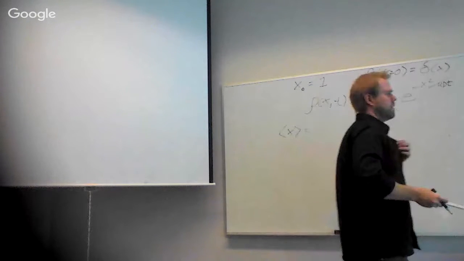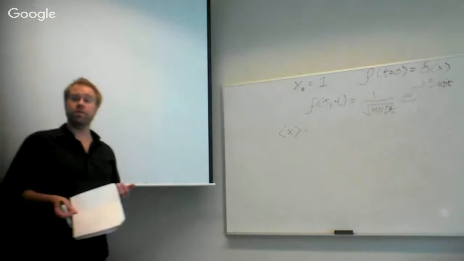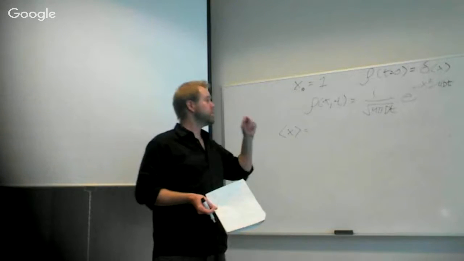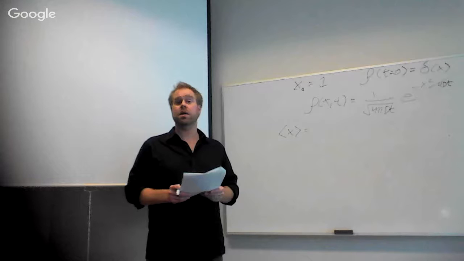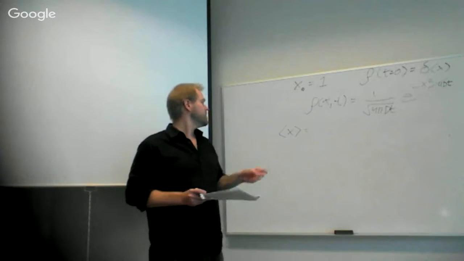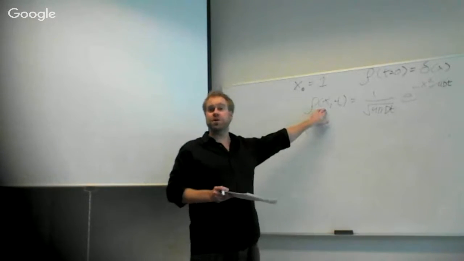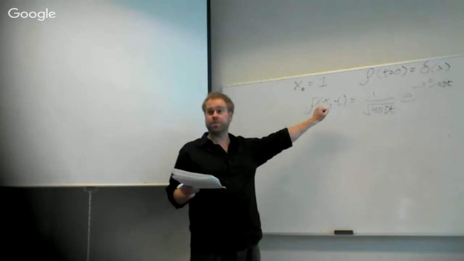Let's take this to be the solution. If I want to calculate the mean value of x, and I have the distribution in x, how do I get that? So I have the distribution of x at every time, because that's what it's equal to.